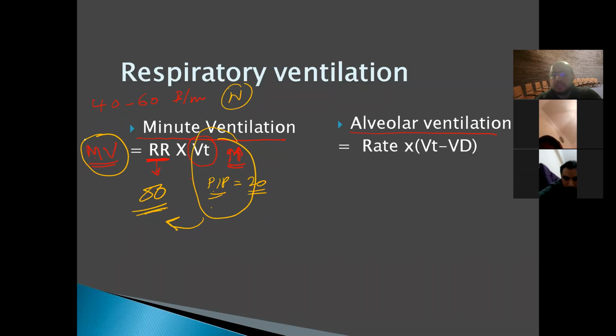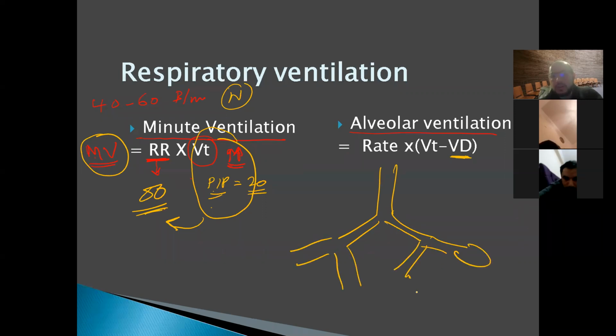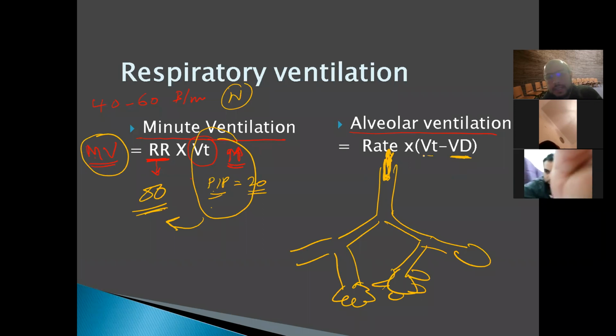On the other side, on alveolar ventilation, that's only if the baby is intubated. If the baby is intubated, you need to look at the dead space. What does it mean? If your baby is already intubated, or there is meconium or any other cause, in addition to the tidal volume and respiratory rate, there is another very important factor called dead space.